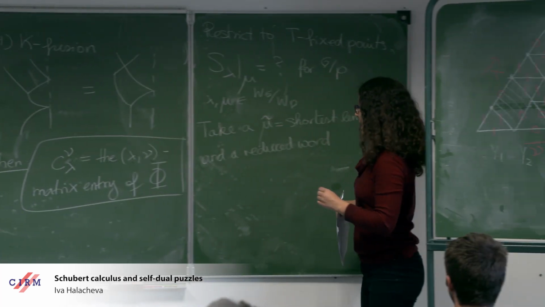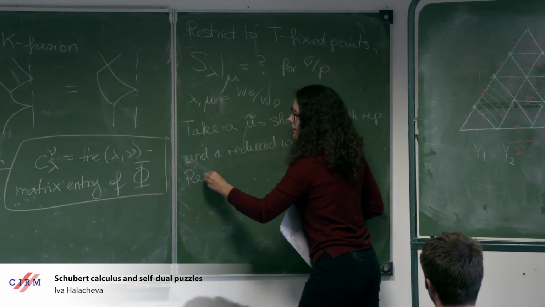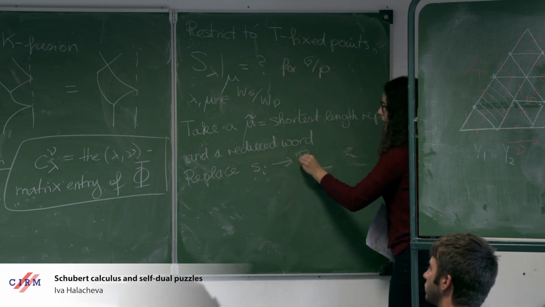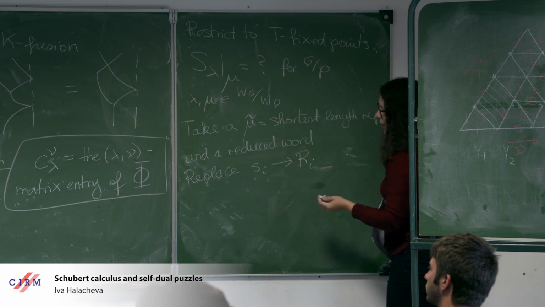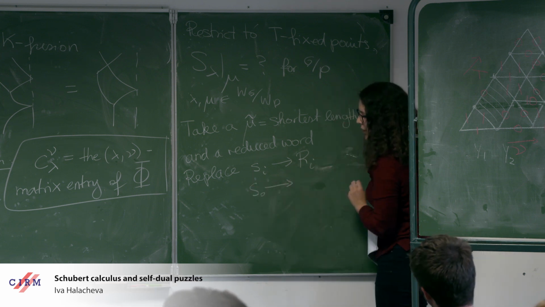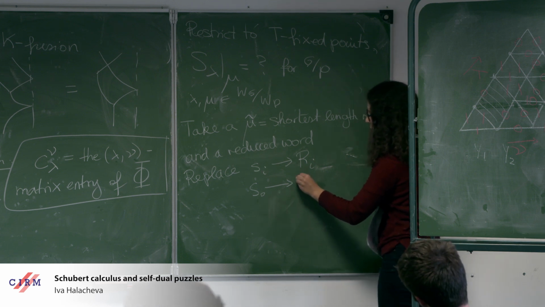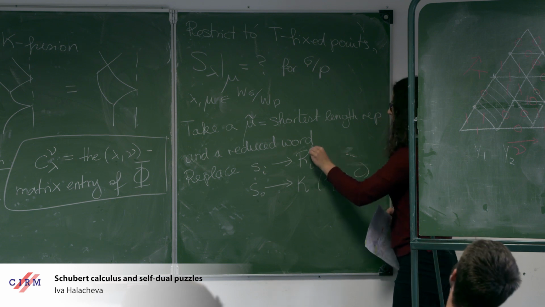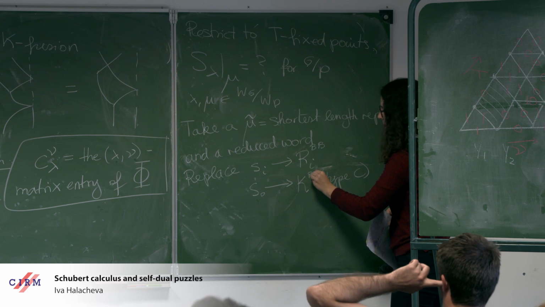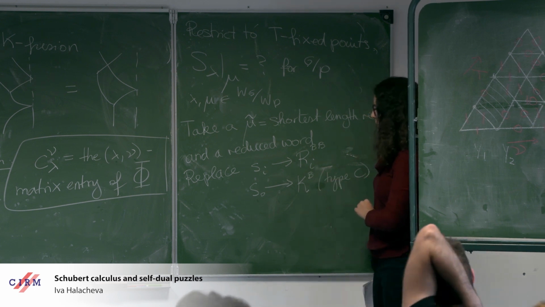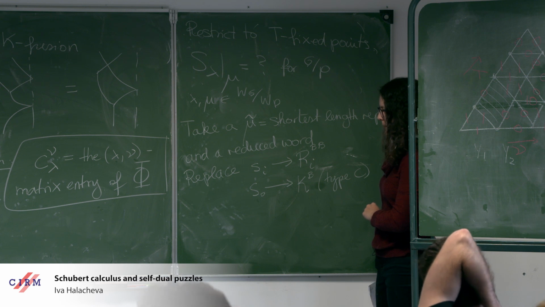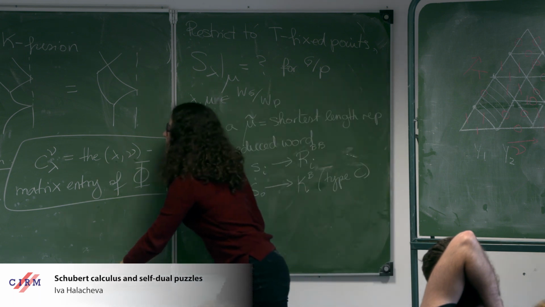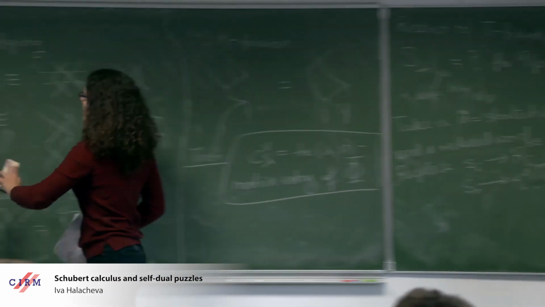So if we're in the type A Weyl group, s_i will go to R_i, or S0, the special element in type C, will go to the K matrix. I should point out that these are the blue R matrices, so there's some technical work about keeping track of the colors. But this map will give us the restriction to T fixed points.